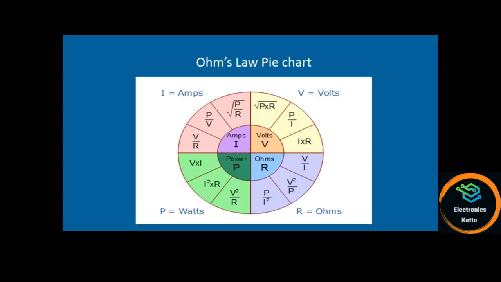If we know any two parameters in the circuit, let's say current and power, then we can find the remaining two. The voltage is P divided by I, and the resistance R is P divided by I square.